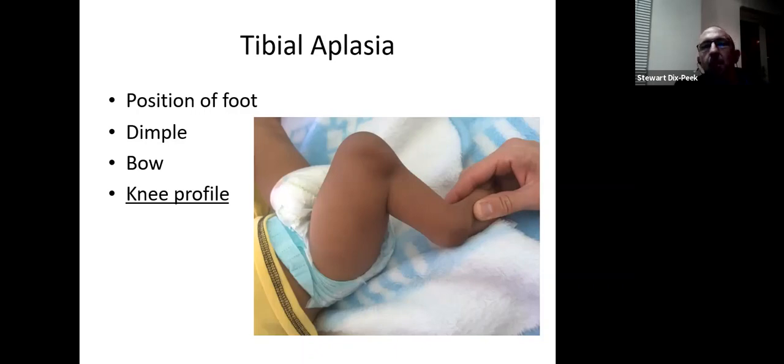From an examiner's point of view over a Zoom meeting, those are the sort of things I want you to be talking about. So where's the foot, where are the dimples, if any? Personally, if I zoomed in over the malleolus, maybe there are dimples. I'm not sure. I don't think it matters.